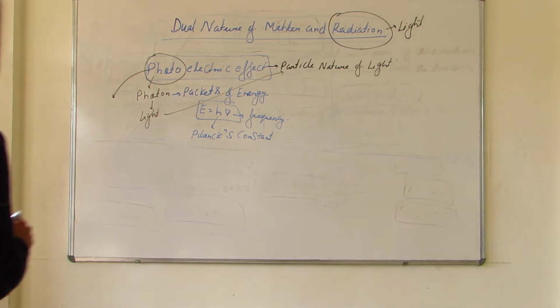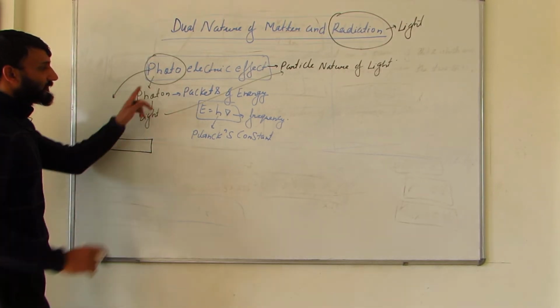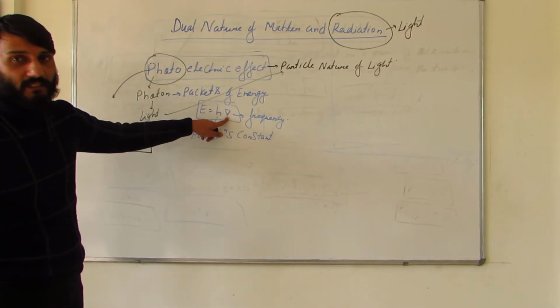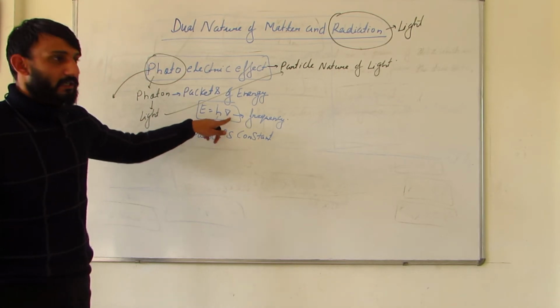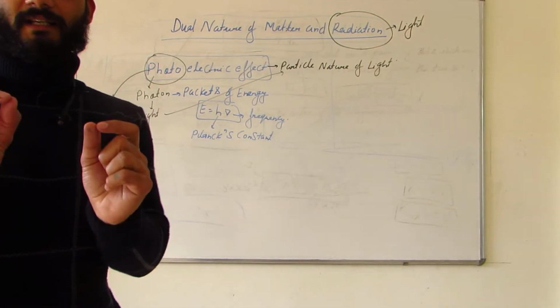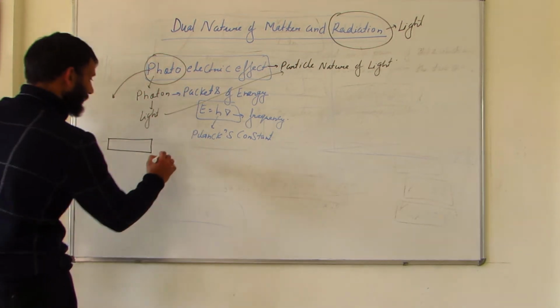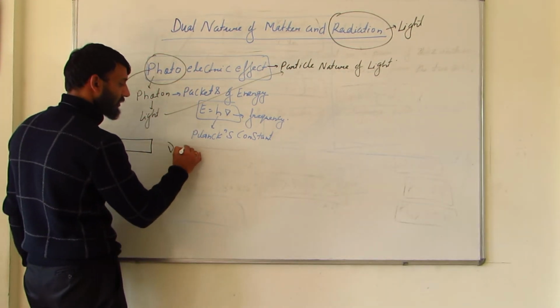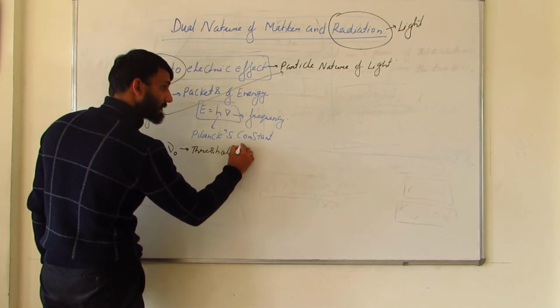Now what happens is, you need a certain frequency of the light. You need a certain frequency of this photon in order to eject. So there is a minimum amount of frequency which these photons should have, and that is what we call nu naught, known as threshold frequency.